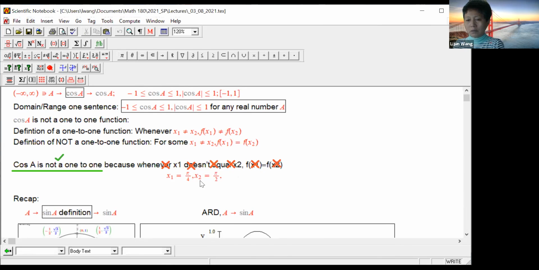And you're telling me whenever x1 does not equal x2, now I have a case, that's one of the cases in whenever, right? And I can tell you f of x1 is not the same as f of x2. You see, I counter you right there. Do you agree?